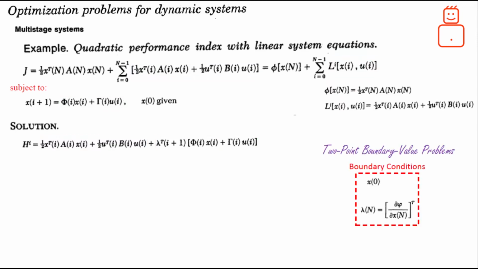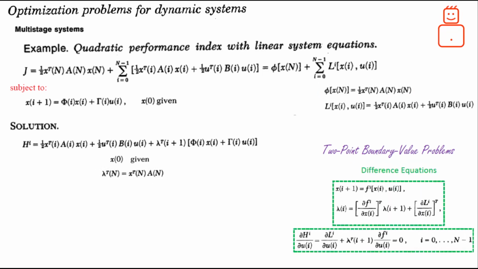First, we have boundary conditions in which the first boundary condition is the initial state of the process x of 0, which is given by the original problem. For the second boundary condition, we can apply its condition on the phi equation, which gives the shown lambda of n condition as well.